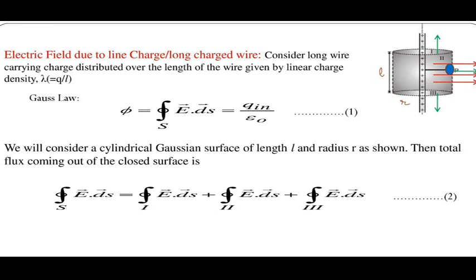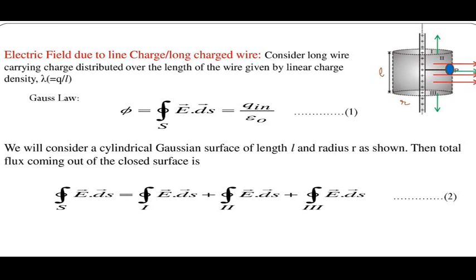So now we need to calculate the flux through this cylindrical Gaussian surface. It will be simply the flux through surface 1 plus the flux through surface 2 plus the flux through surface 3, as written in equation number 2. Now let us look at surfaces 1 and 3 carefully. In surface 1 you can see that the area vector is pointing upward while the electric field is perpendicular to this area vector, shown in the form of the red arrow.